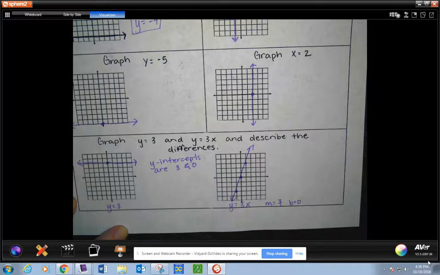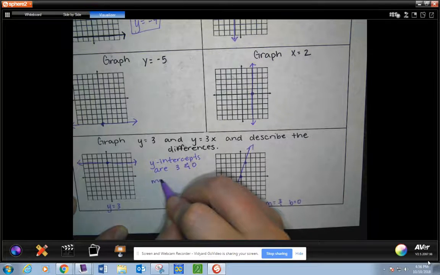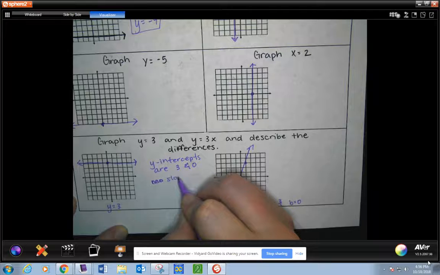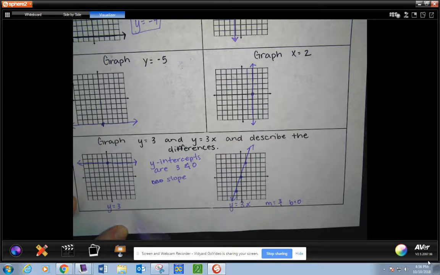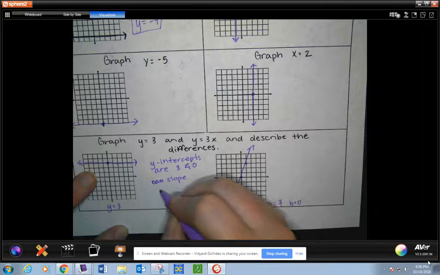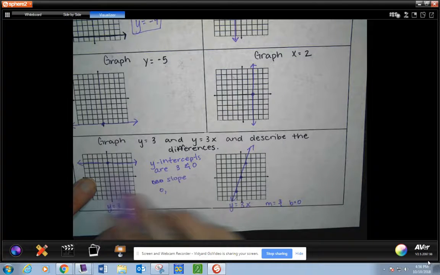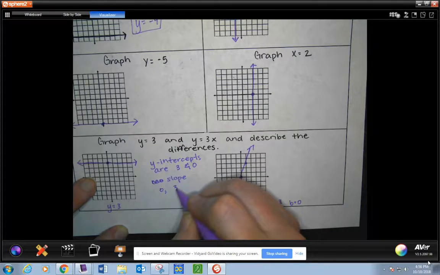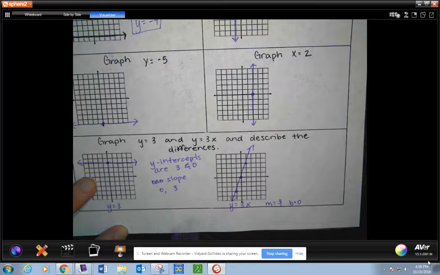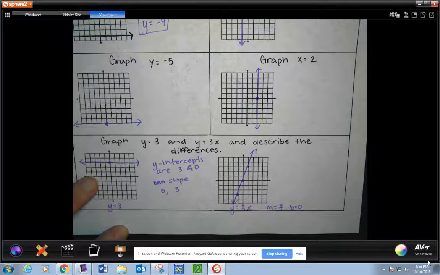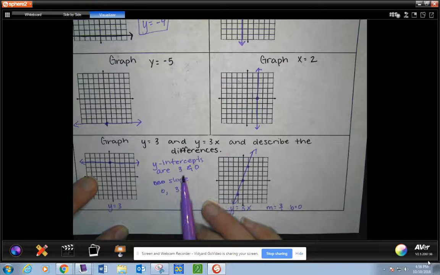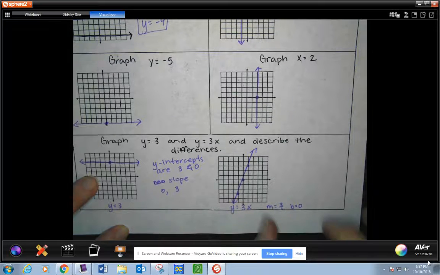And then the next thing that's different is my slope. For my slopes, on the first one my slope is 0 because it's going straight across, and the slope on my second one is 3. So if you notice, they interchanged with each other. The y-intercepts went 3, 0. The slopes went 0, 3. So they kind of just flip-flop spots. You've got to be able to recognize those differences.